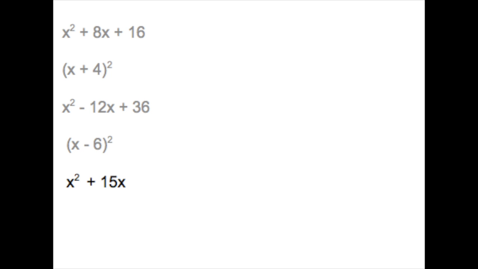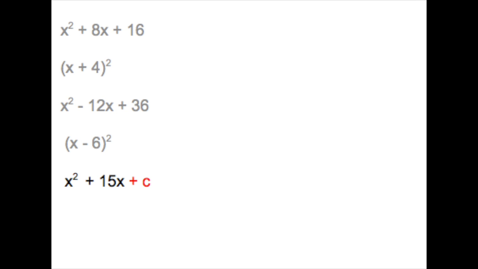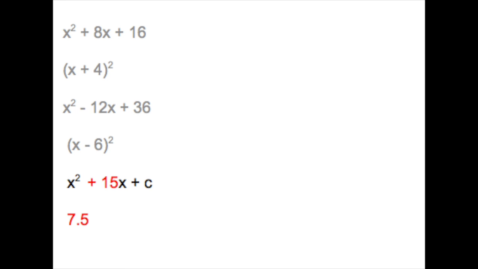Let's try a third and final example. Let's complete the square to make x squared plus 15x a perfect square trinomial. So we are going to determine the c value which will make this quadratic expression a perfect square trinomial. To do this, we take half of our b value, which would be 7.5.